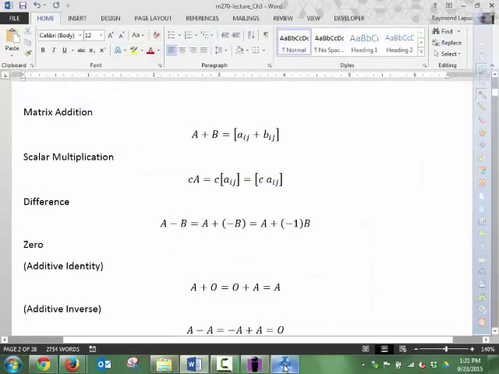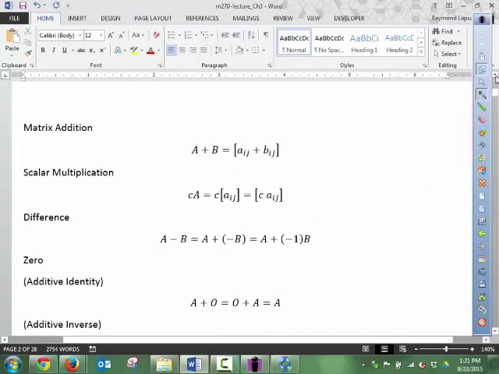All right, let's move on to some basic operations of matrices. It turns out that you can add matrices and you can do scalar multiplication of matrices. You can subtract matrices.